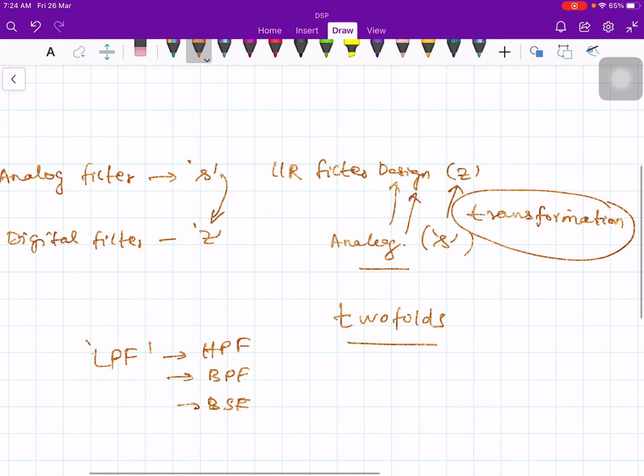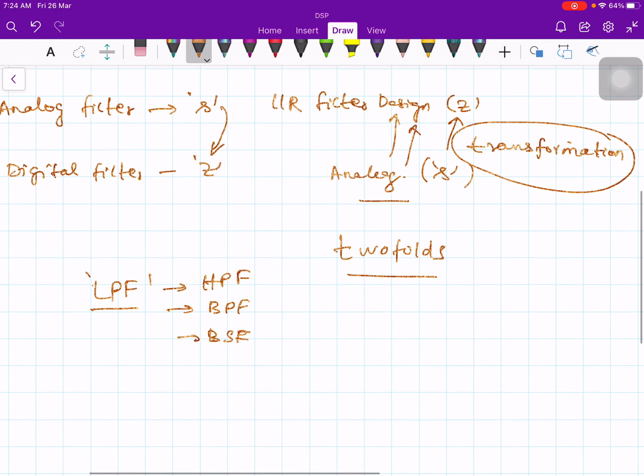So once you know how to design a low pass filter, that's enough. There is a transformation technique, and by using that technique you can convert the low pass filter into a high pass filter, band pass filter and band stop filter. So it suffices to know how to design a low pass filter. That is the only important thing one should know. Once you know how to design a low pass filter comfortably, then it's merely a simple transforming technique, that's it.